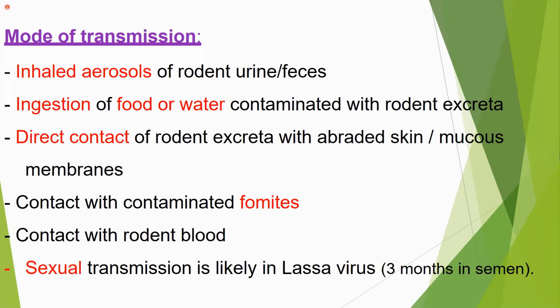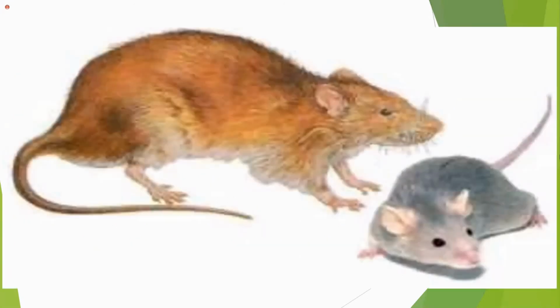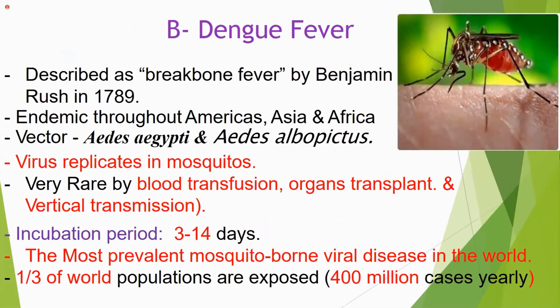Sexual transmission may occur with Lassa virus. Person-to-person transmission does occur through direct contact with blood, urine, pharyngeal secretions, and other body fluids of patients, especially in healthcare workers. Airborne transmission is possible from patient to healthcare workers. This is a picture showing the rodents, the rat-like structures.